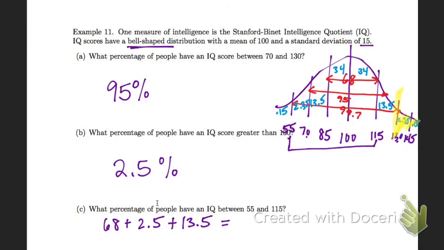Wait, why is it 2.5 instead of 2.35? 2.35 is 0.15. Oh, 2.35, you're right. Well, it's the same, right? No, because I'm just going from 55 to 115, so I'm adding these up. So 68, 13.5, 2.35.